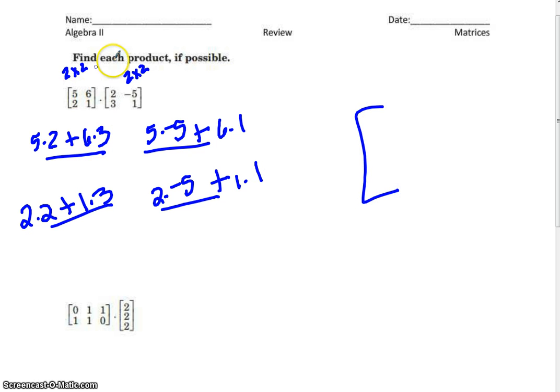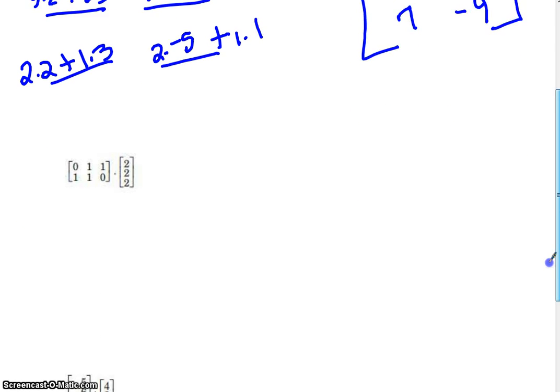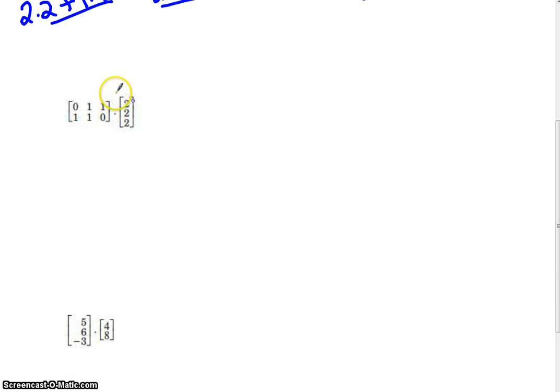So you get 10 plus 18 is 28. You get negative 25 plus 6 is negative 19. You get 4 plus 3 is 7. And you get negative 10 plus 1 is negative 9. And that's your answer.